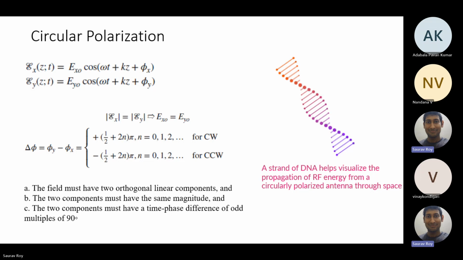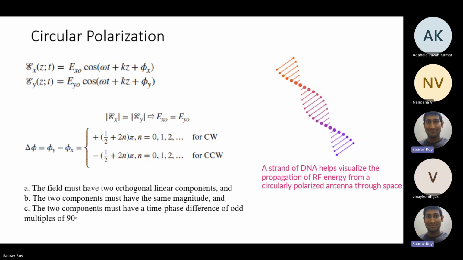That will define whether it is clockwise or counterclockwise. So there are two sets of conditions to become circular polarization. First, the absolute values of the E components are the same, and second, they have to have a pi by 2 multiple as the phase difference between the X and Y components.